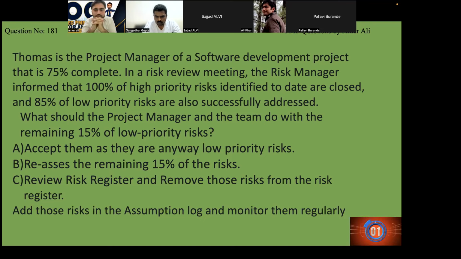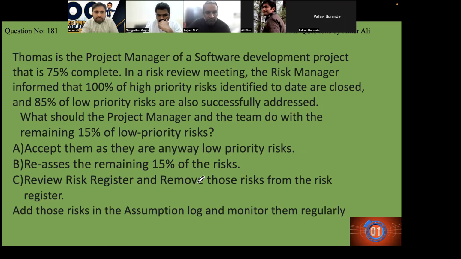What should the project manager and the team do with the remaining low probability risk? Thomas is the project manager of a software development project that is 75% complete.